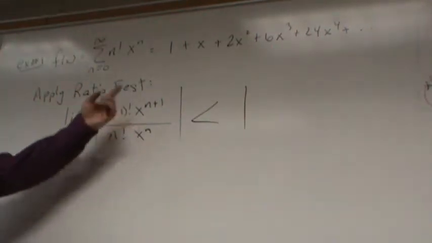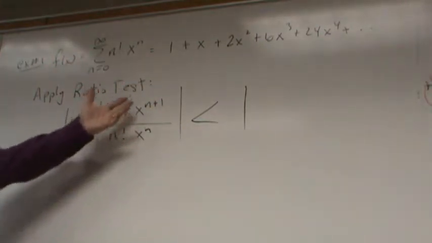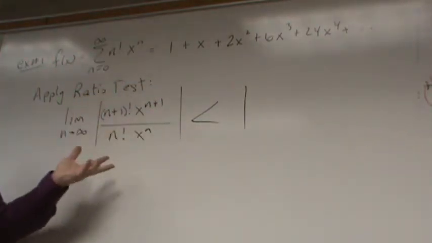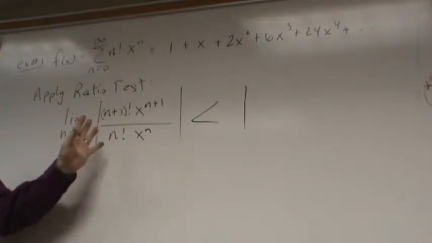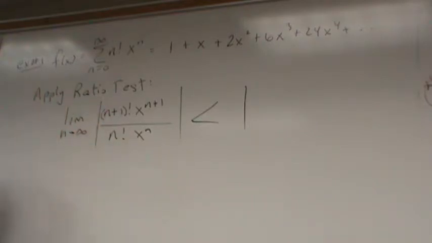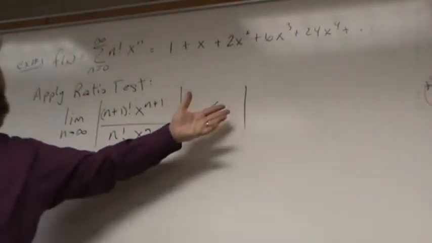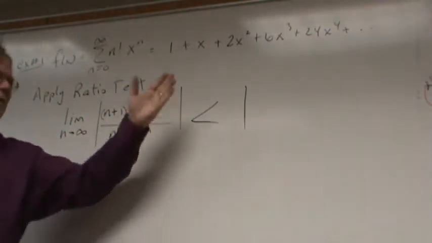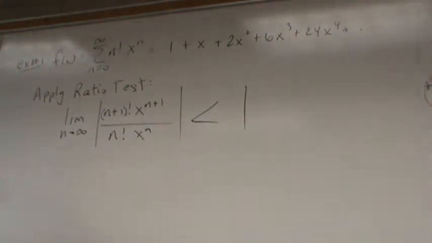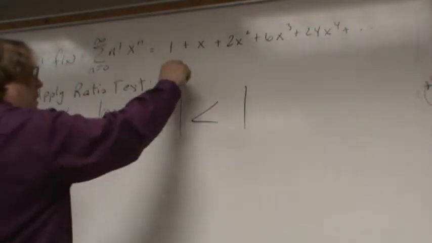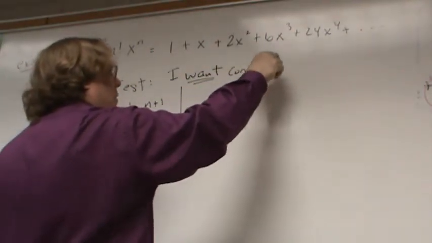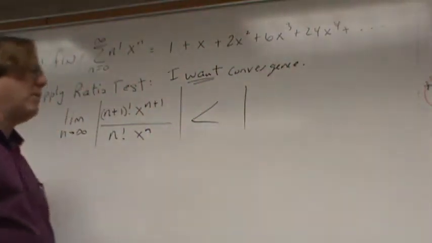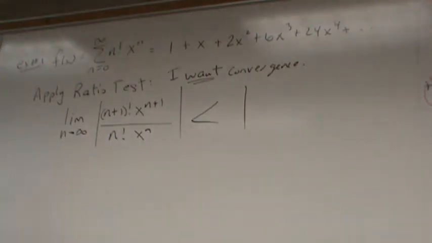I'm going to set this ratio less than 1 and find out what values of x get that ratio to be less than 1, because I want this to converge. Does that make sense to you guys? Unlike what you learned in section 10.7 of the Larson book, where you had to decide whether it's less than 1 or greater than 1, here we're setting it less than 1. I want convergence. So I'm going to set it to be less than 1.